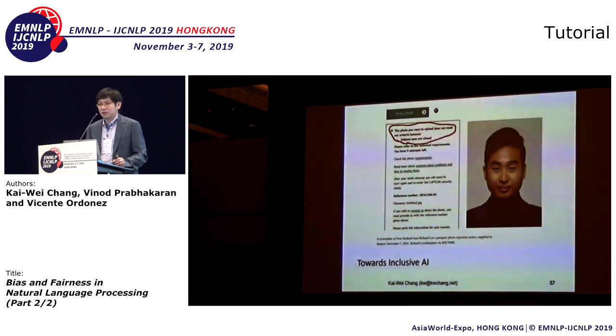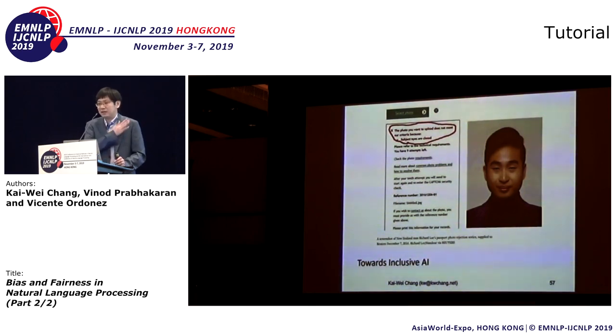So as you can see, this is a rare situation. I think this is New Zealand's passport control, where you need to upload your photo, and if your photo satisfies some quality requirements, then you can get your passport.